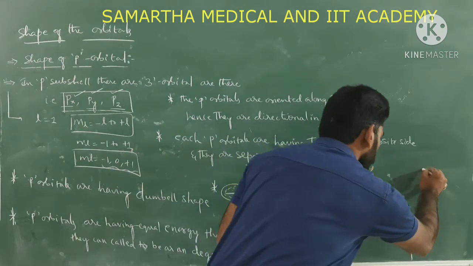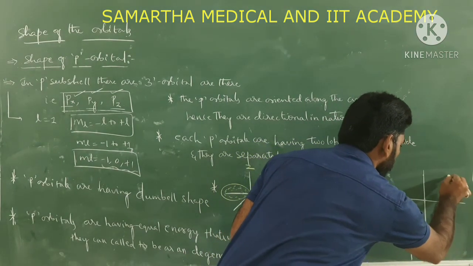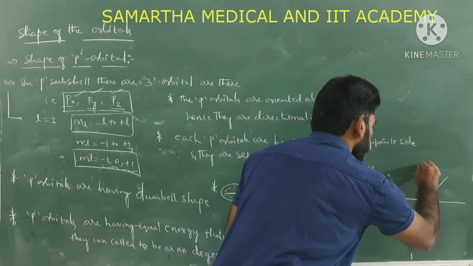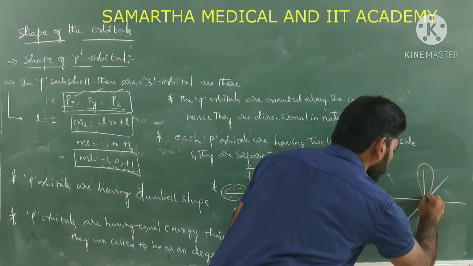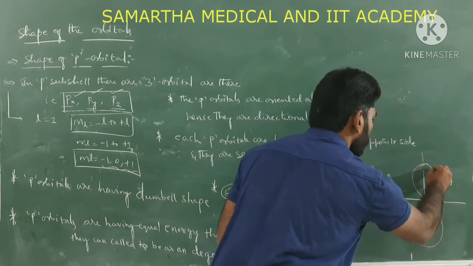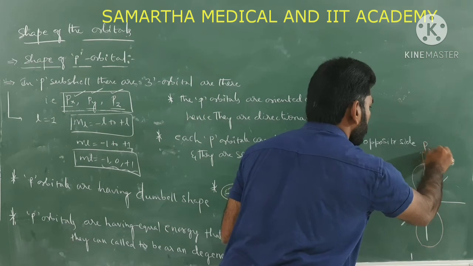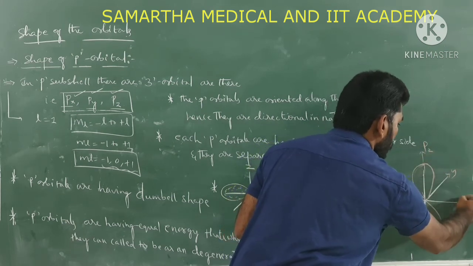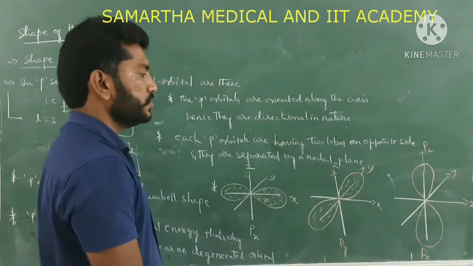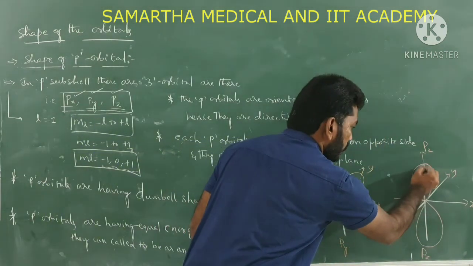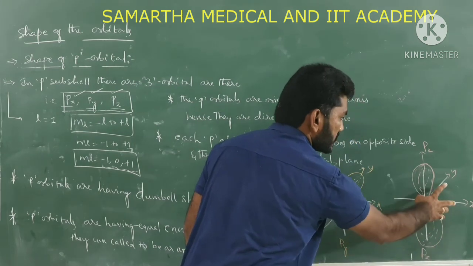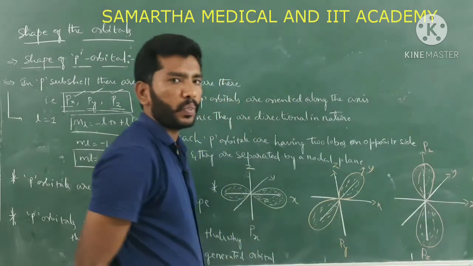Next we have to take down the pz orbital, which has y and x. In this case the probability of finding the electron is oriented along the z axis, but along the rest of the axes, y and x, there will be a nodal plane.